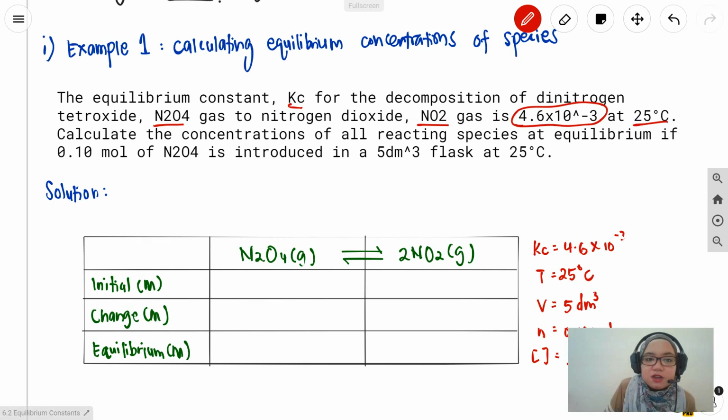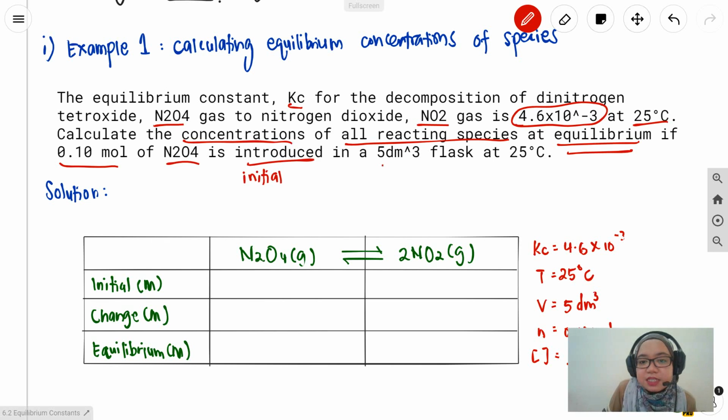Calculate the concentration of all reacting species at equilibrium if 0.1 mole of N2O4 is introduced. Introduced is the keyword for initial. In a 5 decimeter cube flask at 25 degrees Celsius.